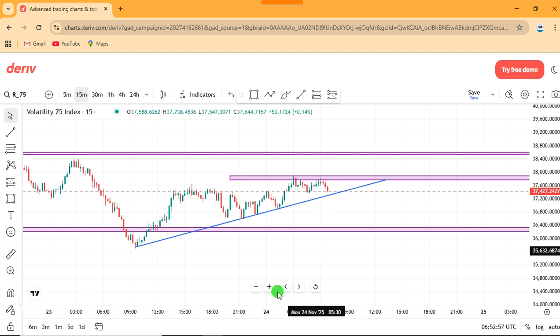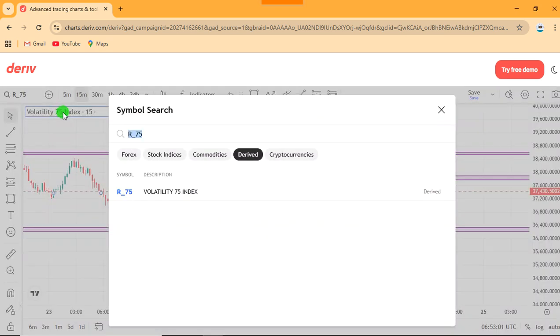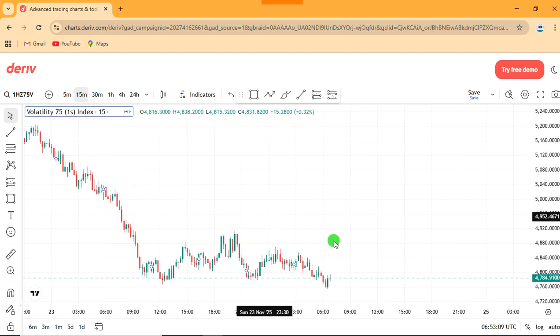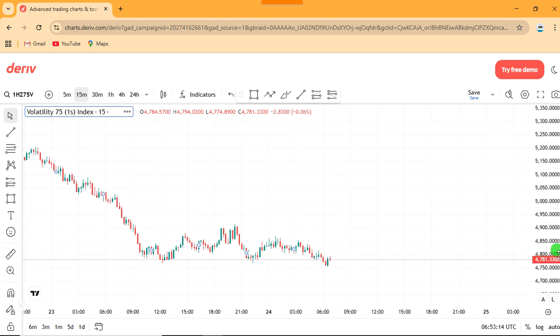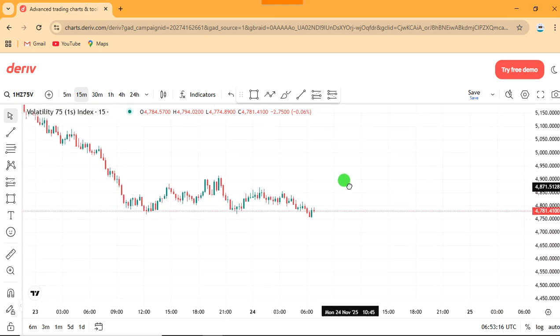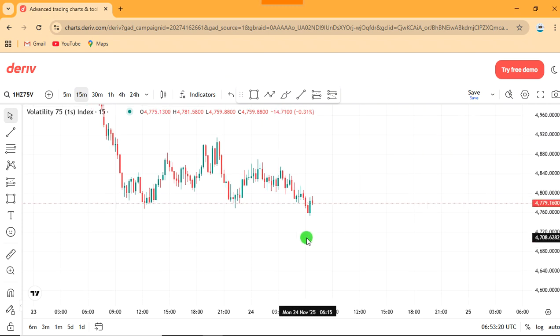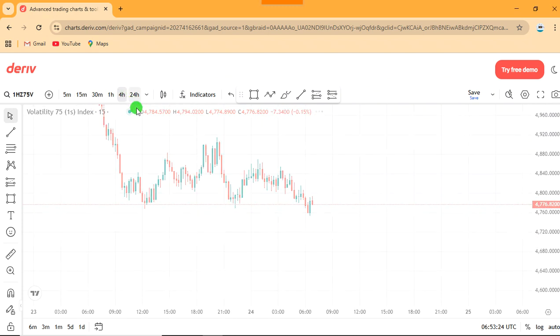So let's wait for a breakout on the 75. Let's go to the final one first. This is going to be 75 1 second. On 75 1 second, let's still mark our zones.